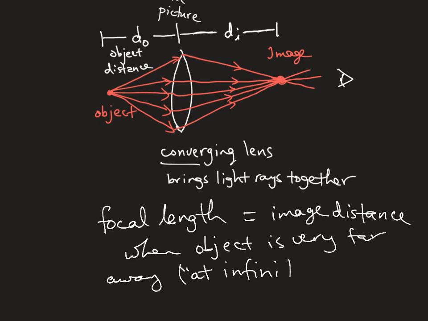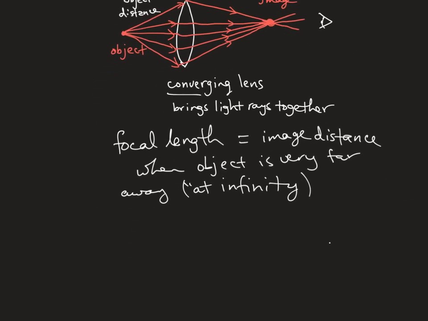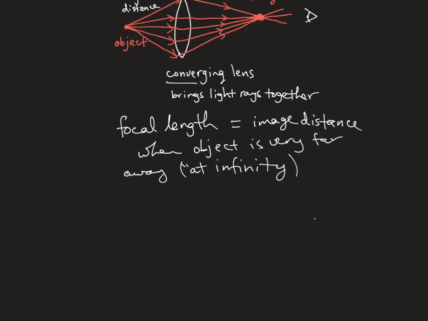Obviously, you can't put it exactly at infinity, but what that means from the point of view of the light rays is that the light rays come in parallel. See how up here, these light rays are diverging from the point where the object is, but if the object is farther and farther away, these become more and more parallel.